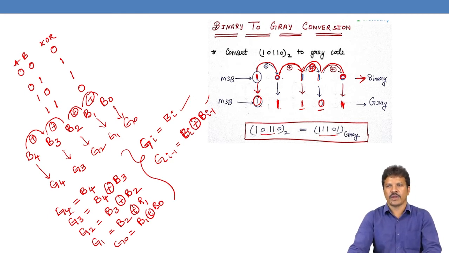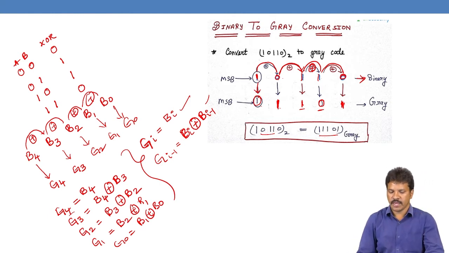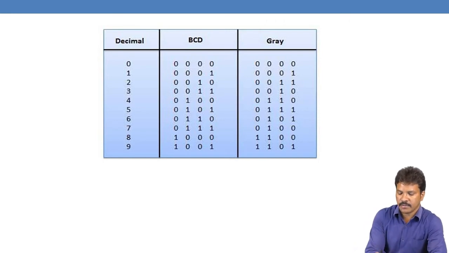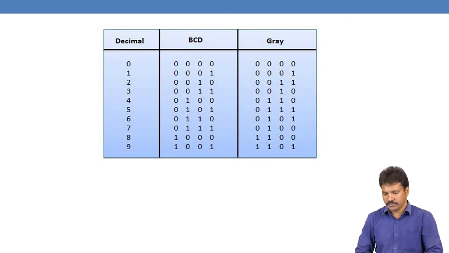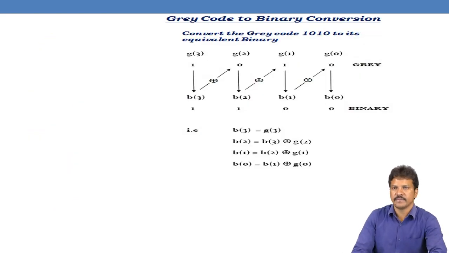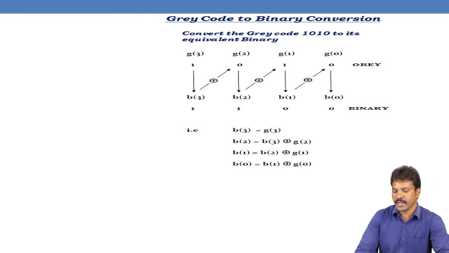What is the main property of this gray code? First we'll see gray to binary conversion. Similarly, suppose the problem gives a gray code and you need to convert it to binary.